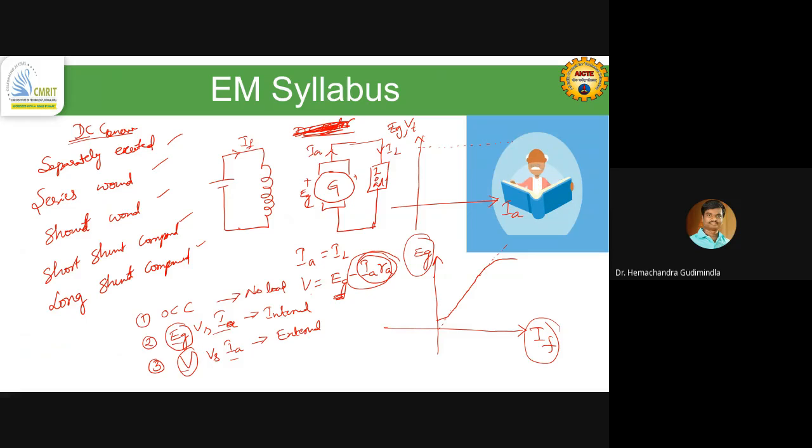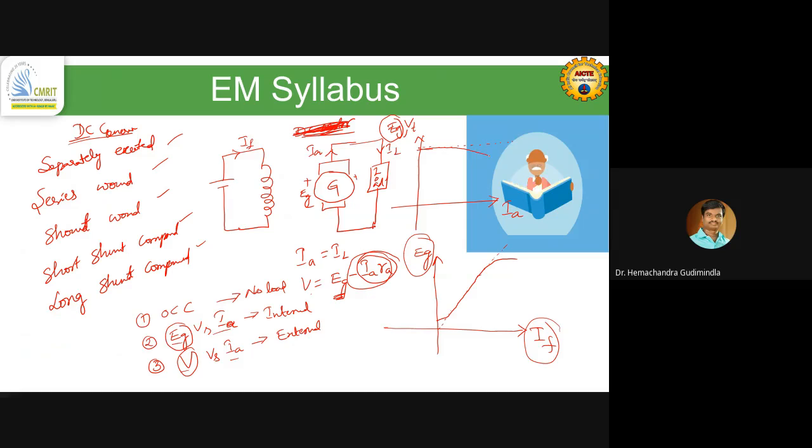In your stator, the electromagnets generate the main magnetic field. These two oppose each other. So the armature magnetic field opposes the main magnetic field, and due to that the generated voltage EG is slightly reduced.